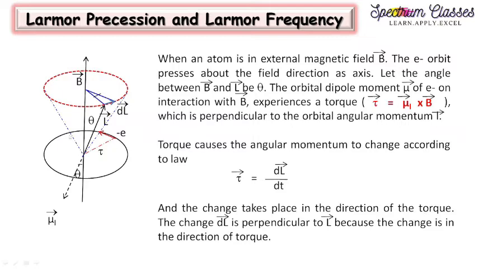As the torque changes, the direction of dL will change. The change dL is perpendicular to vector L. So this is our vector L direction, and this is our dL direction, in the direction of the torque.